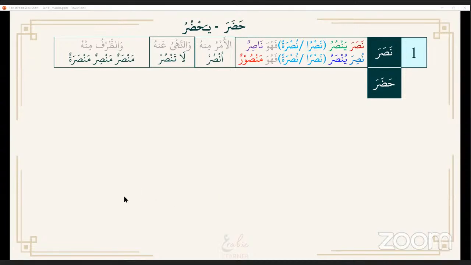Hadara yahduru hudurun fahuwa hadirun, then hudira yuhdaru hudurun.